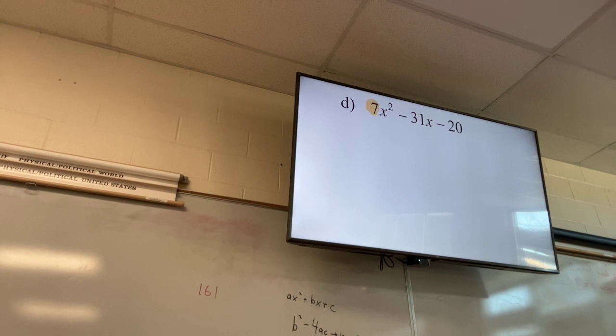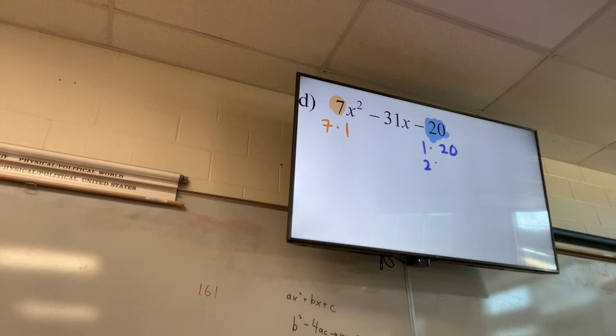If there's no GCF and my lead coefficient is still not 1, what do I do? List all the factors of 7. That's just 7 times 1. And what about 20? It's going to be 1 times 20, 2 times 10, and 4 times 5, right?